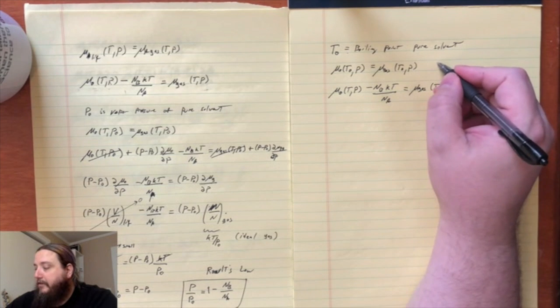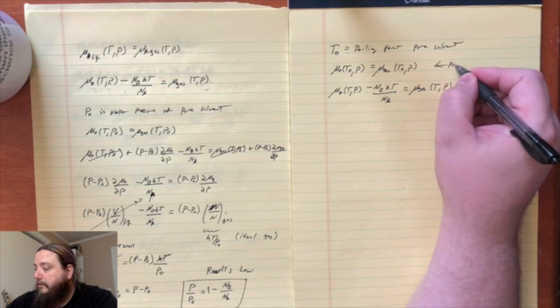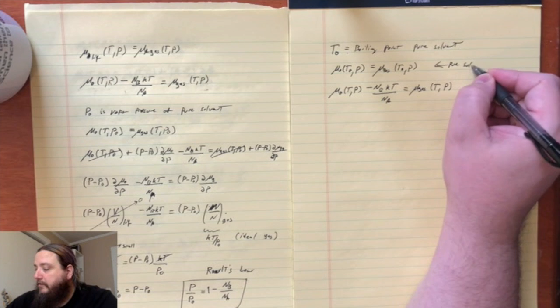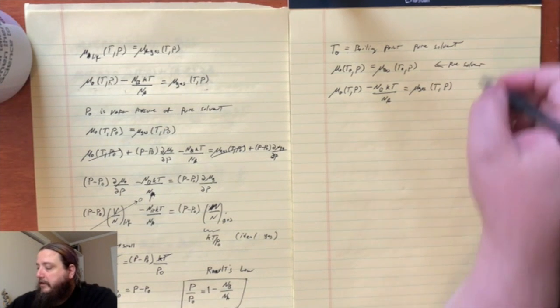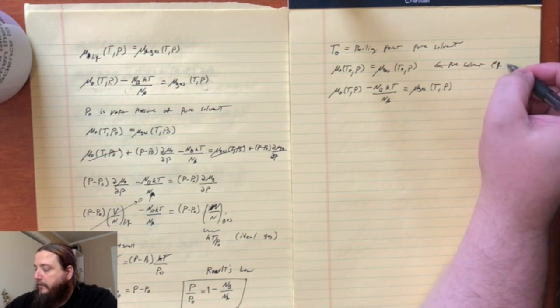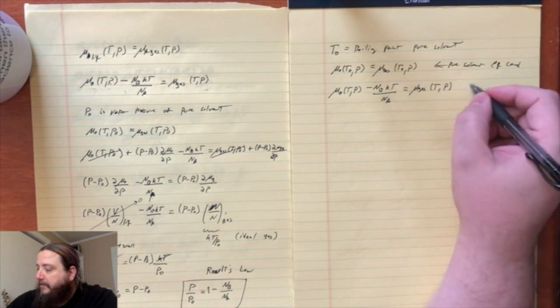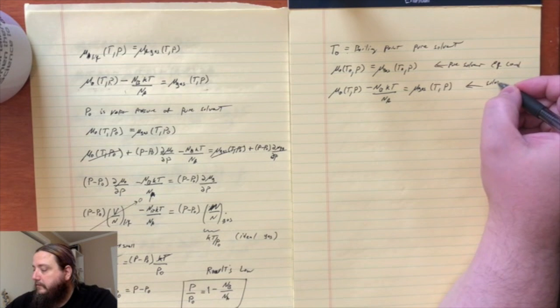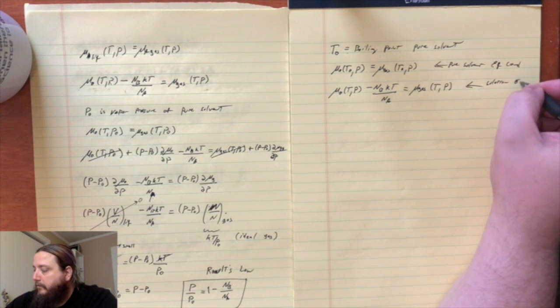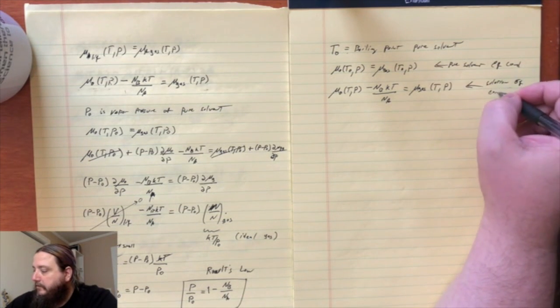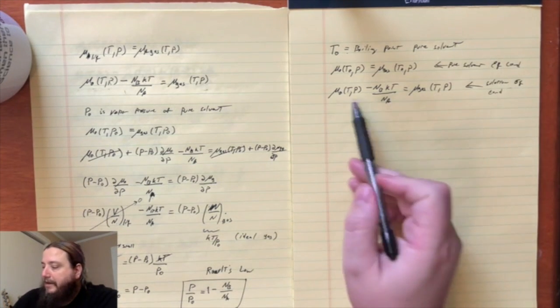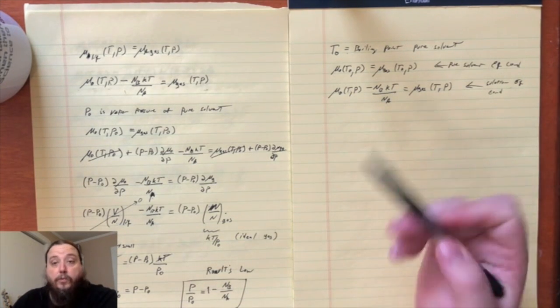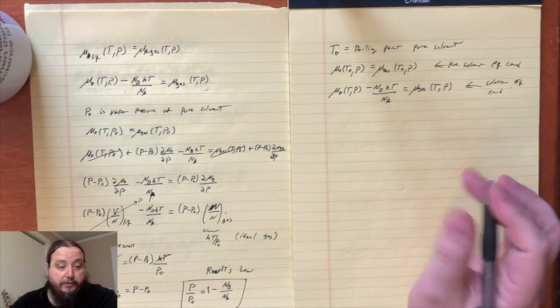So this is the pure solvent equilibrium condition, and this here is our solution equilibrium condition. And the temperature here would be our new boiling point.